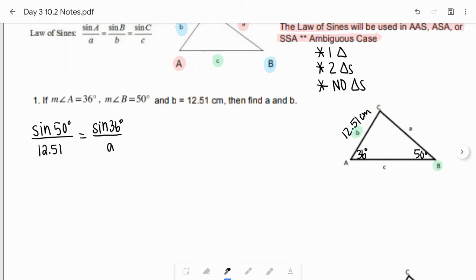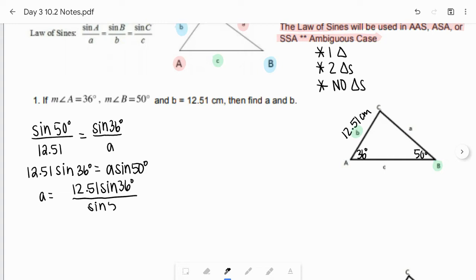From here, we're just going to use cross multiplication. So 12.51 times sine 36 degrees is equal to A times sine 50 degrees. Then A is equal to 12.51 sine 36 degrees divided by sine 50 degrees.